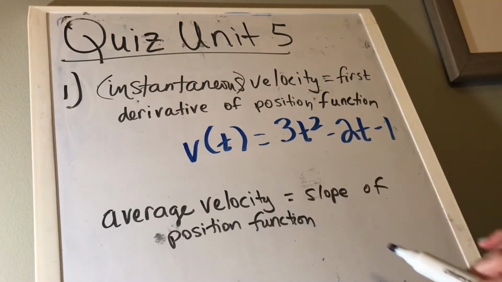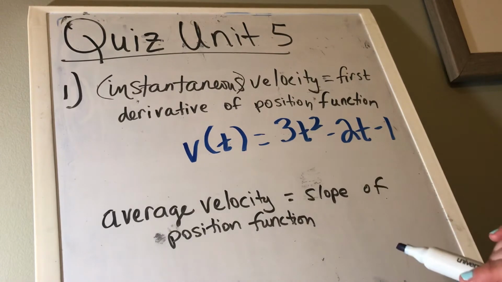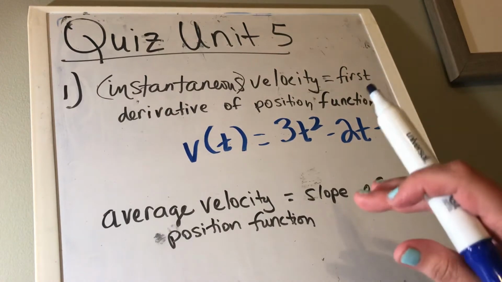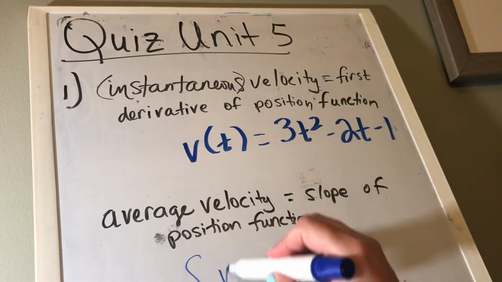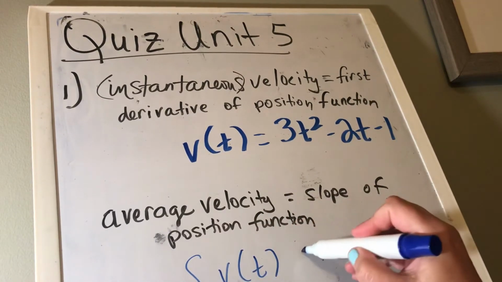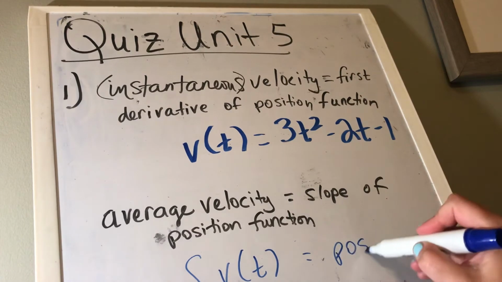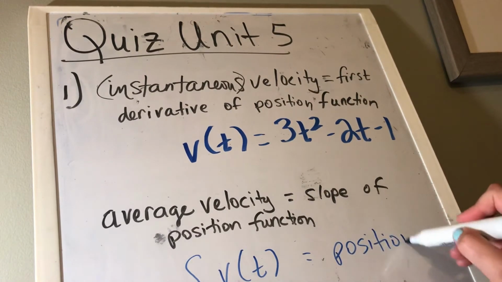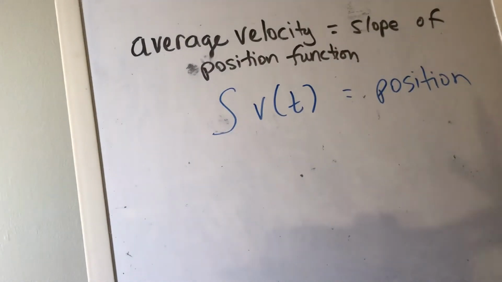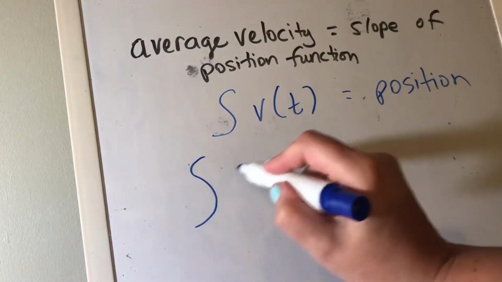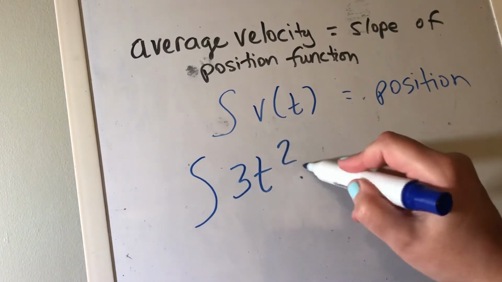So for average velocity, I need to find what the position function was. If you integrate velocity, you will get position. So I'm going to integrate 3t squared minus 2t minus 1.